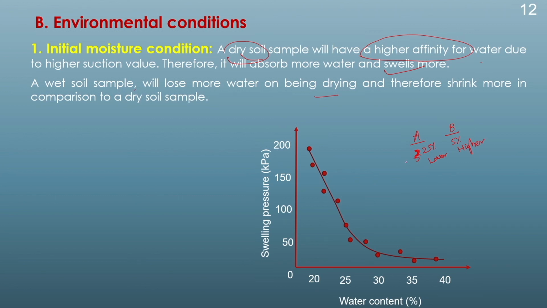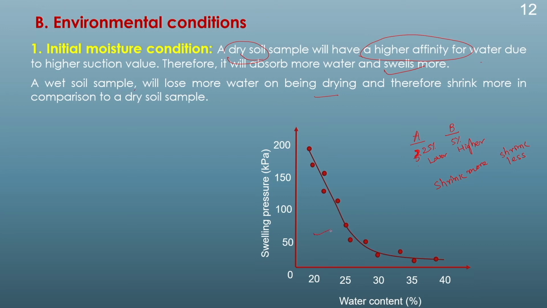Now, if we dry these two soils from the same water contents, that is 25% and 5%, then soil A will shrink more because it has more water, and soil B will shrink less because it has less initial water.